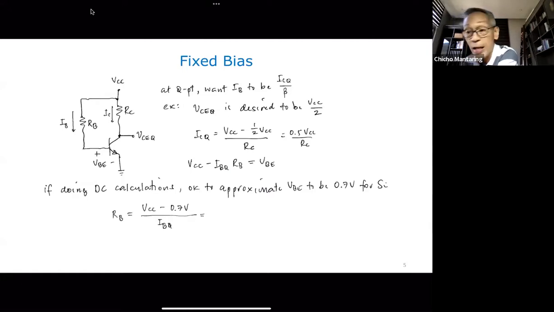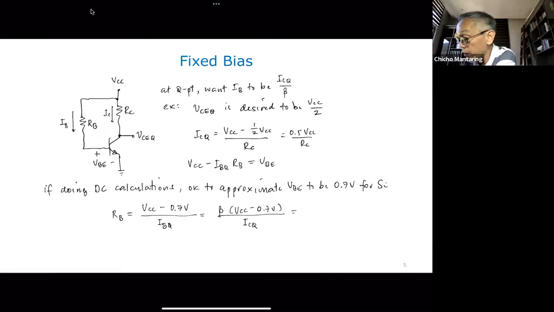But IBQ is ICQ over beta. So this is just beta times VCC minus 0.7 volts all over ICQ.